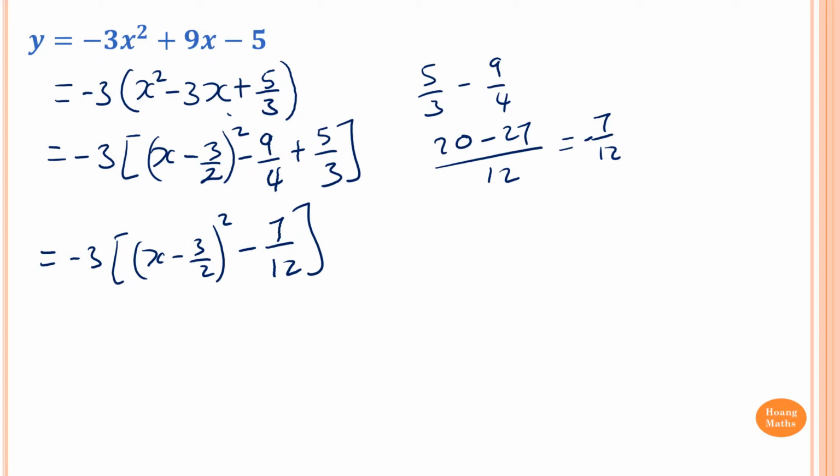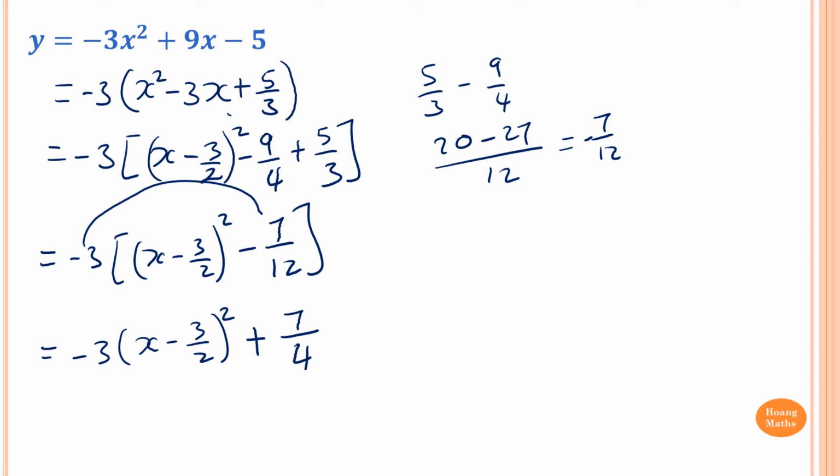So now I just multiply the negative 3 inside. So minus 3 times this here is the same as negative 3 bracket x minus 3 over 2 all squared. And then negative 3 times this one here becomes positive, and the 3 cancels with 12, so it is plus 7 over 4.